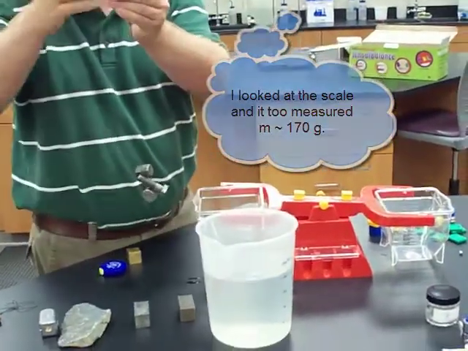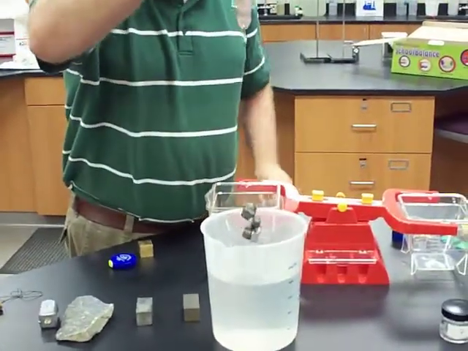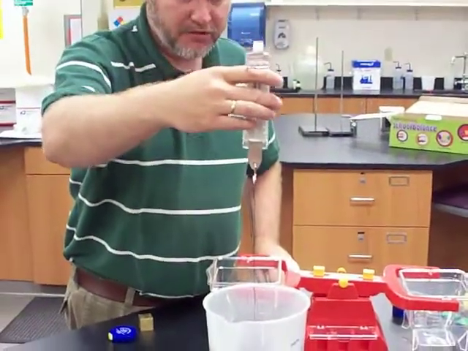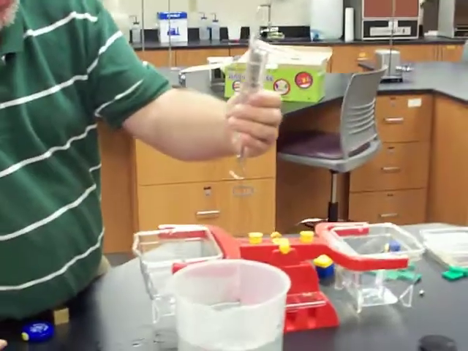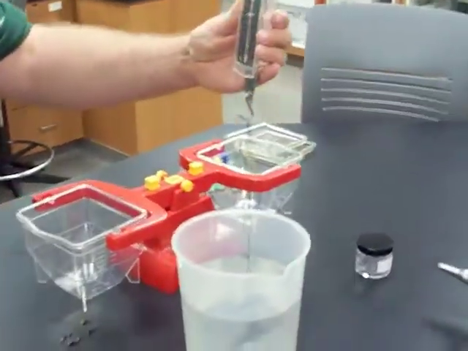It also uses the buoyancy of water, and so I'm going to put them in here, and as I put them in, of course the spring scale is going to measure less, and that is called the effective mass.